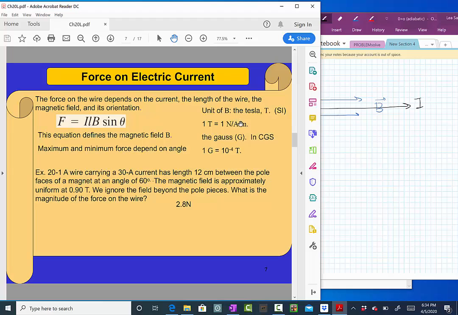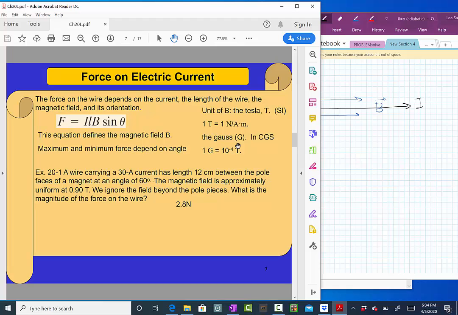This whole combination receives a name and it's called Tesla. So the unit for magnetic field in the international system is Tesla. If you want to use the CGS, gram, centimeters, we also talked about this choice, then the name of the unit for the magnetic field is Gauss, and Gauss is 10 to the minus 4 Tesla.